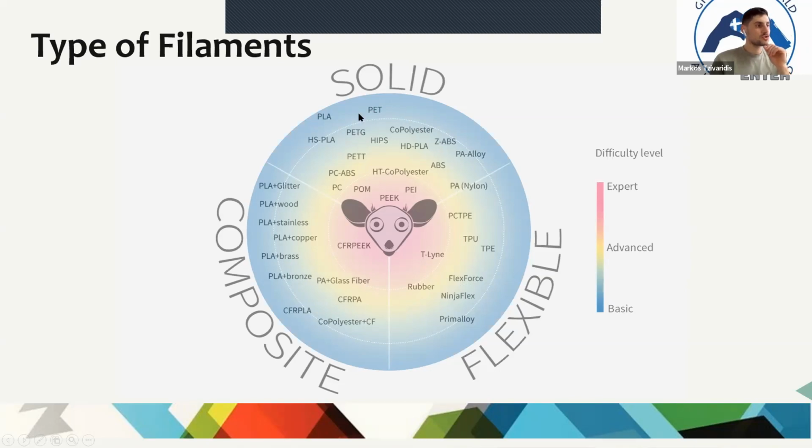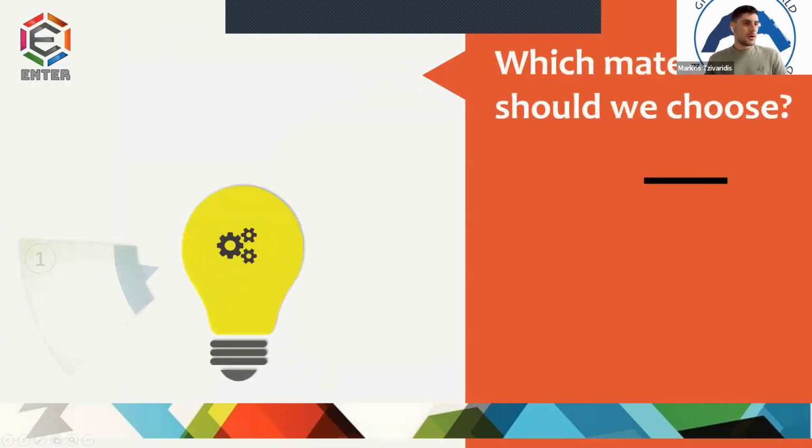So if you want to change from PLA, maybe choose a composite material and then go to the flexible ones, because the flexible ones are more like rubber. And as you may understand, it's hard to 3D print a solid rubber.